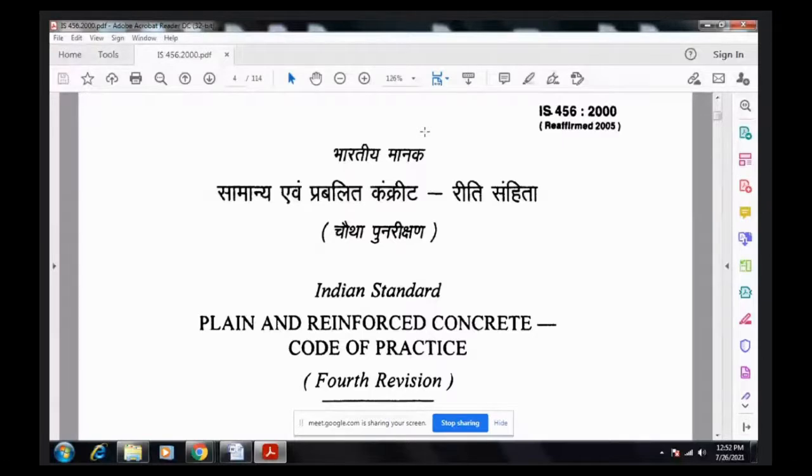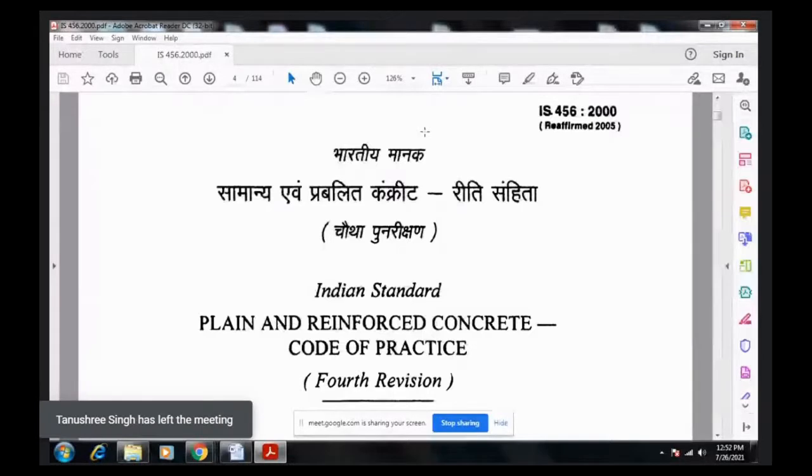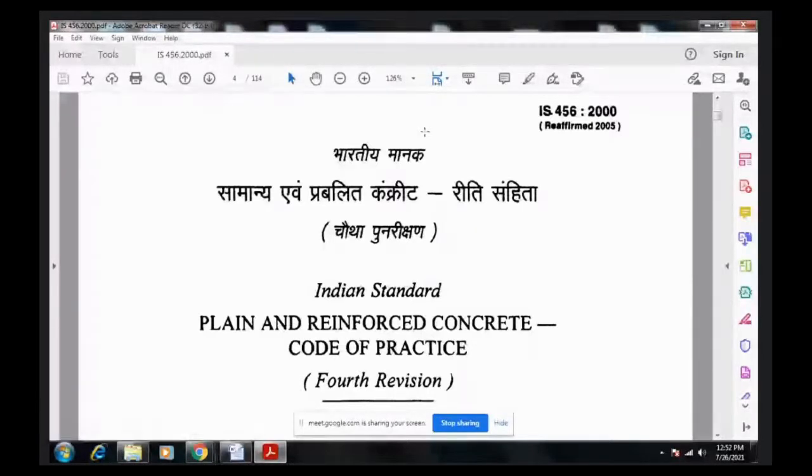That means when you are putting the reinforcement, how much it will go inside the column, how the column reinforcement will be placed, and later on you have to understand the construction procedure. How best you can produce quality concrete, how you can place it, how you can compact it. So that is another part.